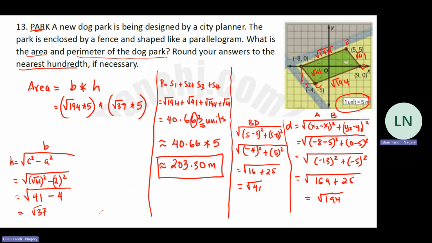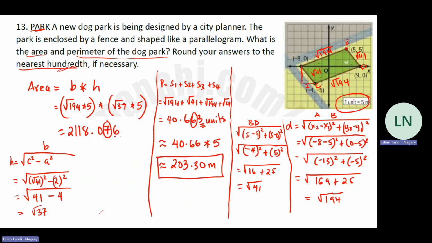Bracket square root 194 times 5, close the bracket, multiply bracket square root 37 times 5, close bracket. That gave us 2,118.076. We want to round to the nearest hundredth.